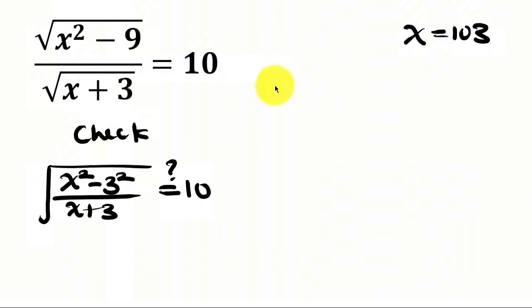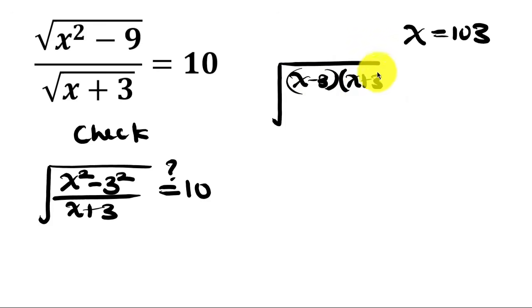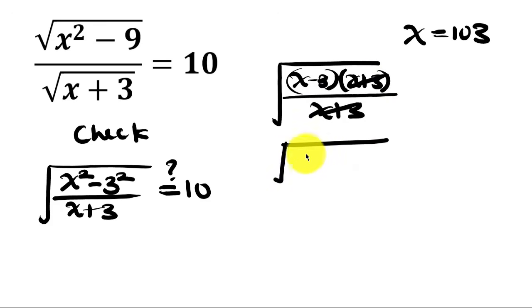Now this expression on the numerator is the same as x minus 3 times x plus 3, right? All over the denominator, x plus 3. So this can cancel out, leaving behind the square root of x minus 3 on the left-hand side.